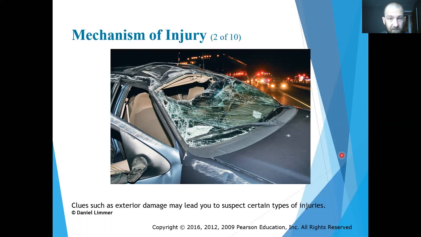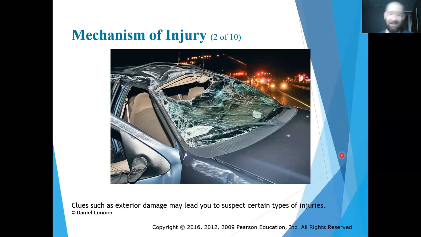So maybe this is a complete rollover. Maybe fire rescue had already turned it over there. So you can imagine just by seeing that, okay, that car was upside down. So what could have happened inside the car? Well, it's tough to see sometimes, but you can imagine if the patient was unbelted, not secured, and that car was upside down, then definitely the patient was upside down.